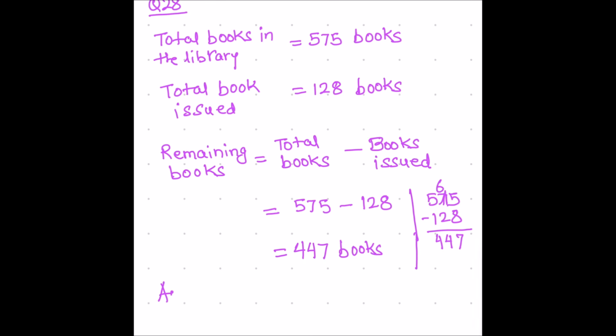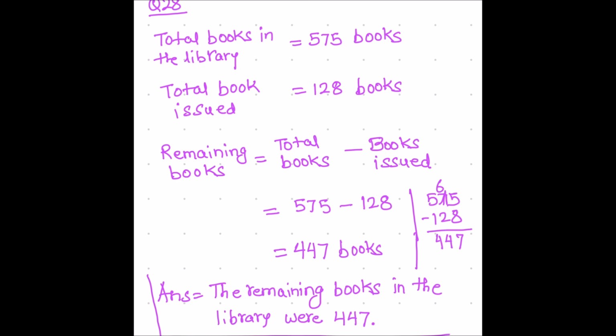So final answer will be the remaining books in the library are 447. This is our final answer. We are going to box the answer and we'll move on to our next question, which is question 29.